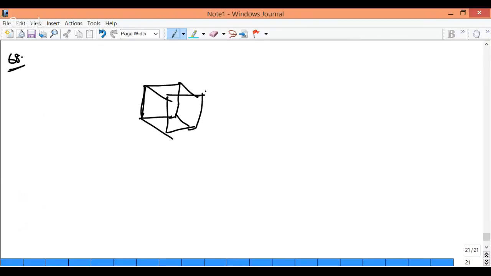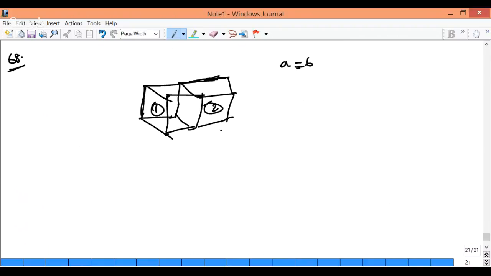Now we are attaching one more cube to this cube. Let us consider this as cube 1 and this as cube 2. Now he's asking the whole surface area of this rectangular parallelepiped, and it is given that the side is equal to 6.